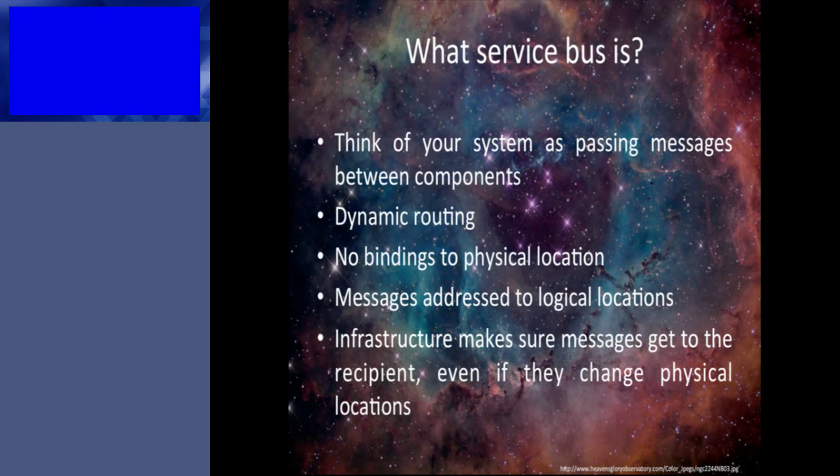It just drops the message addressed to some logical recipient, and the infrastructure makes sure that this message gets delivered to this logical recipient, even if they change physical locations. And this infrastructure is what makes the bus architectural style between your distributed system components.